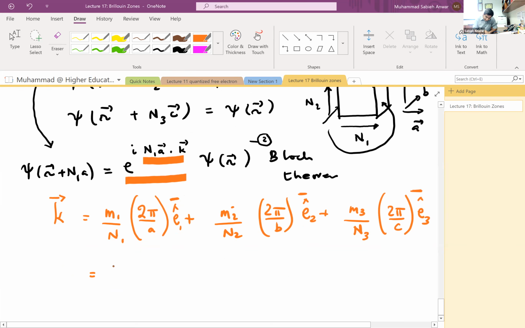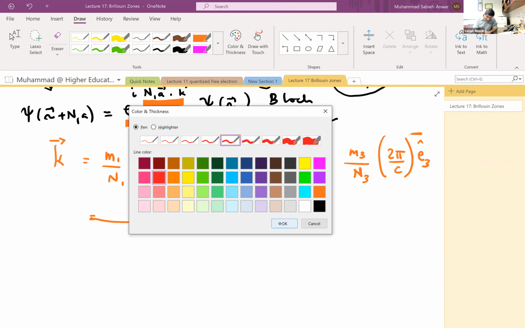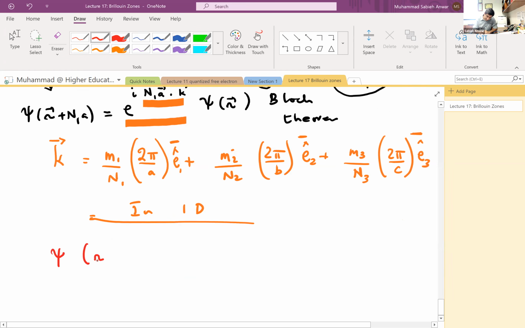So now, how do we get this? If I just had a one-dimensional solid, what would this problem look like? That's easier to understand. In 1D, I will have the following: psi of r can be replaced by x plus n number of unit cells a. This must equal psi of x.